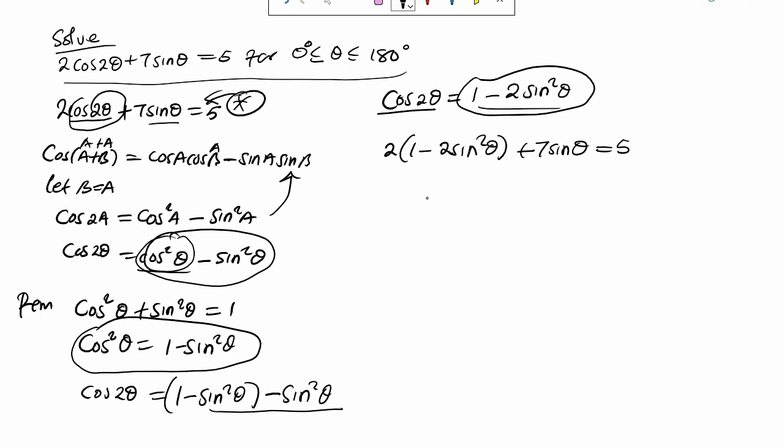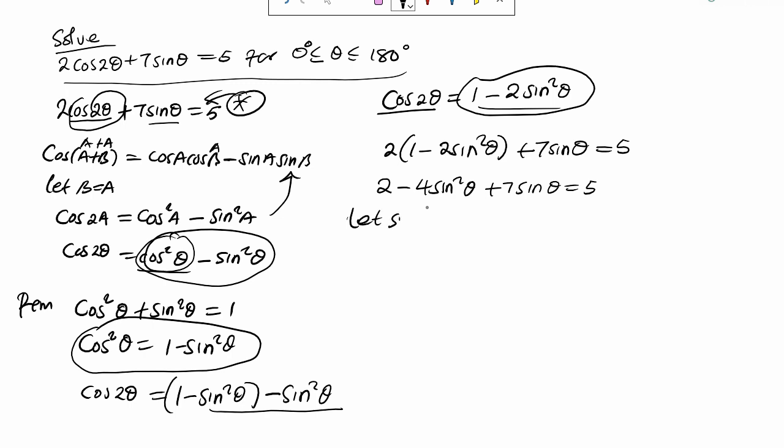Let's open the brackets. We shall have 2 minus 2 times 2, which is 4 sine squared theta, plus 7 sine theta equals 5. Now from here, I don't want to work with sine theta because it will make it a bit complicated for me to get the values of theta yet.